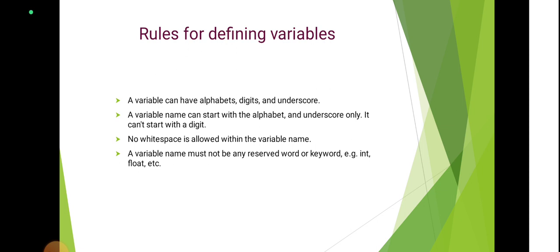Then no white space is allowed within the variable name. And the last rule is the variable name must not be any reserved word or keyword, for example int, float, etc.